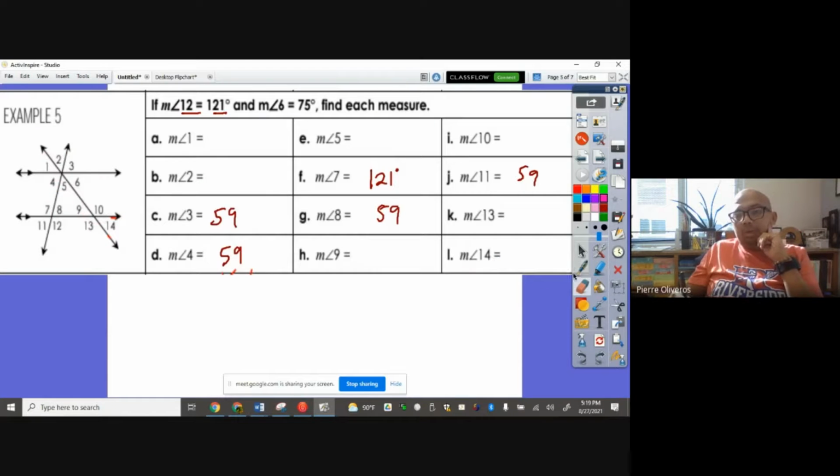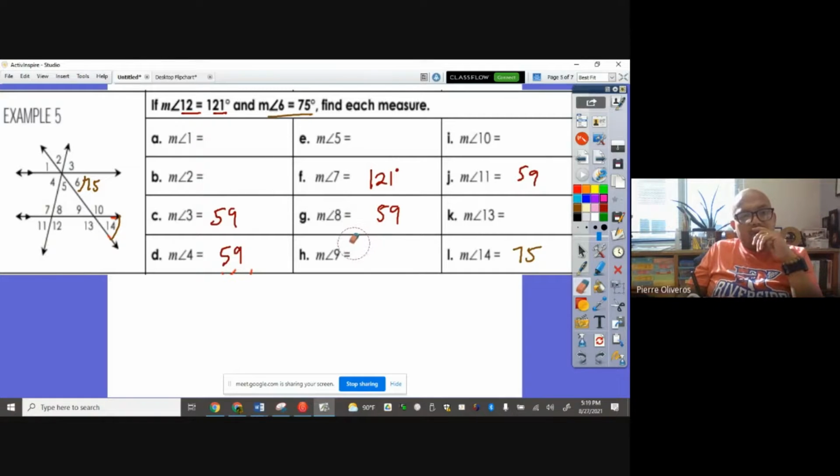Okay, let's move on. We know also that angle 6 is 75. If that's 75 there, we know that angle 6 and 14 are corresponding angles. So therefore, 14 has to be 75.